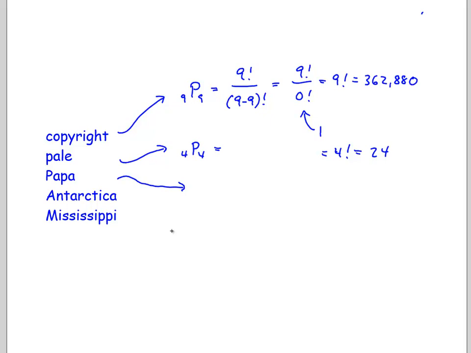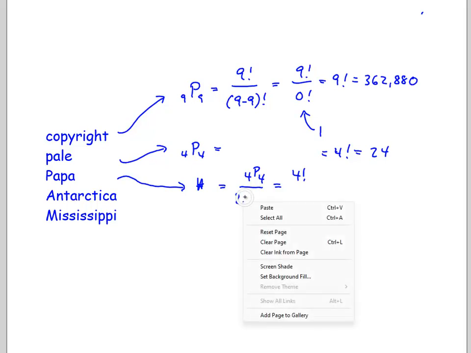This one we cannot use with the normal permutation or combination. So what we do is, the number of ways this can be arranged is to take 4 different letters, 4 out of 4 permutations, which is 4 factorial. But then it turns out the P appears twice, so we have to divide by 2 factorial.